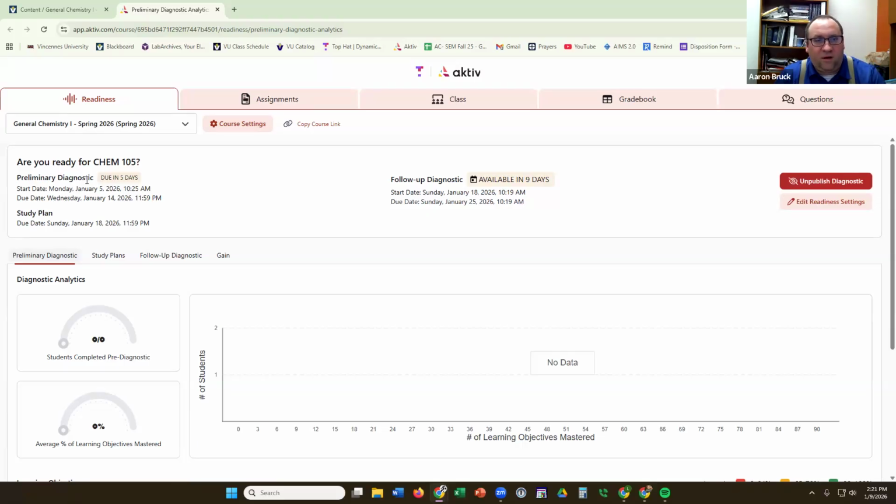This diagnostic is just a series of questions about some of the prerequisite math skills, some of the prerequisite chemistry skills, things that you should have picked up either in your high school chemistry class or in Chem 103, along with stuff that you hopefully have seen in college algebra or are going to see in college algebra if you are taking those two courses at the same time.